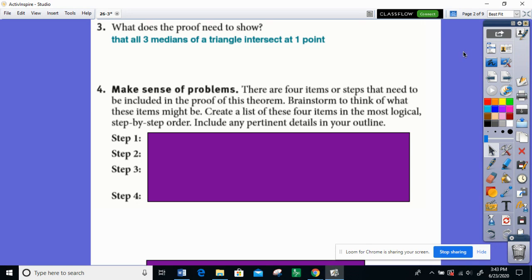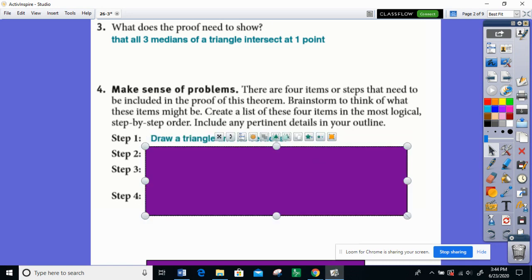So in this particular proof, there are four different steps that we need to do. We're going to list these out in a logical step-by-step order. The first step is going to be drawing a triangle and its vertices.